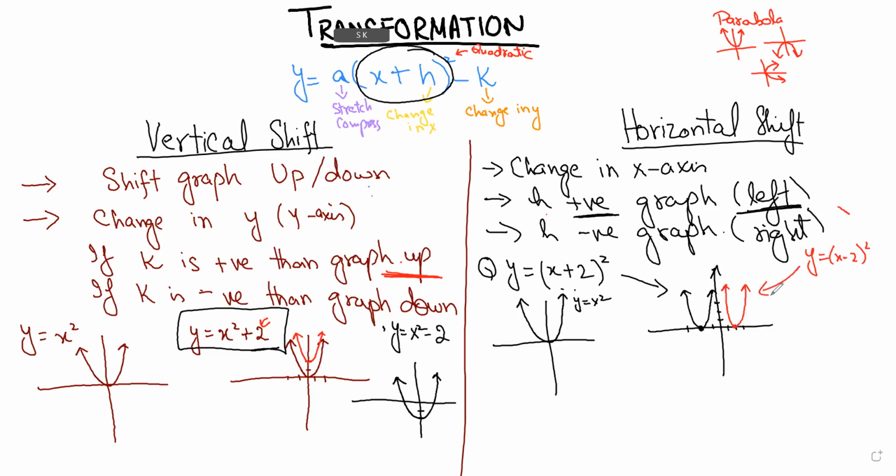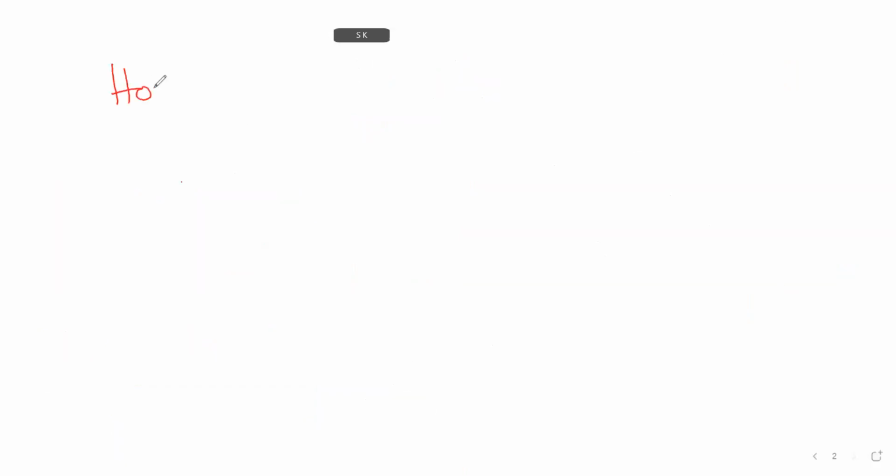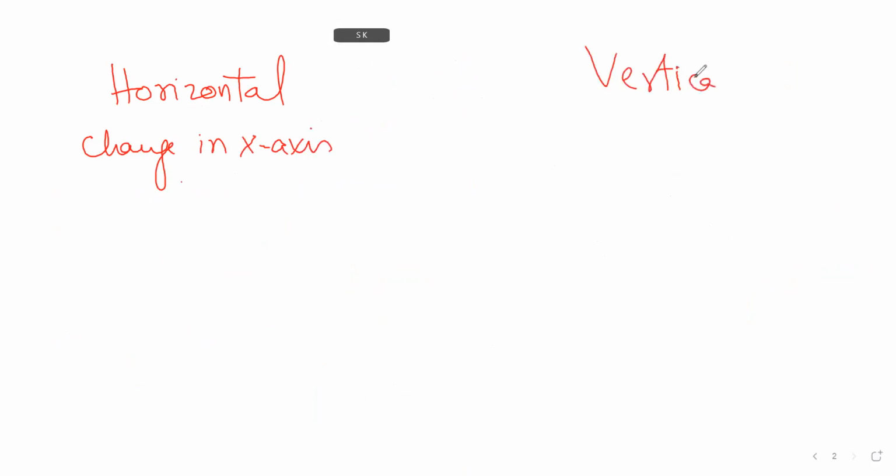So it's the graph of this one. So you can see how positive and negative signs impact the changes in the shapes, or the shifts, of the vertical and horizontal shift. So just keep this thing in your mind that whenever I'm talking about horizontal shift, it's about change in the x-axis. And for vertical, it means it's a change in the y-axis.